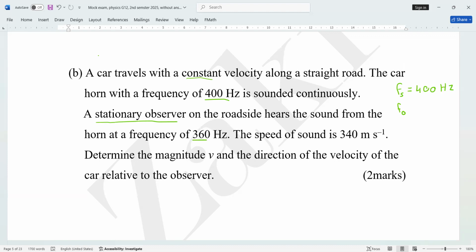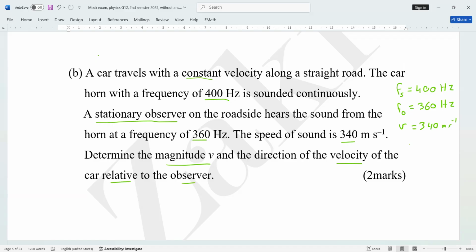So F naught equals 360 hertz. The speed of sound, so this is V, 340 meter per second. Determine the magnitude V and direction of velocity of the car relative to observer.